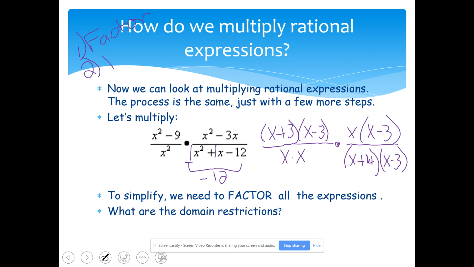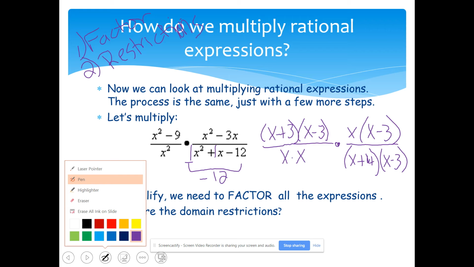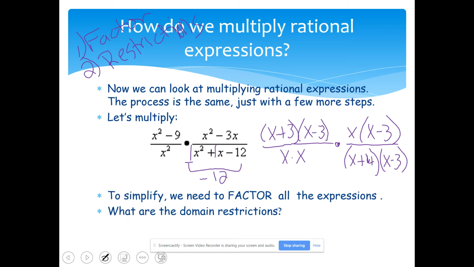Next, restrictions. So remember, you cannot do any simplifying until every x in the denominator has a restriction.